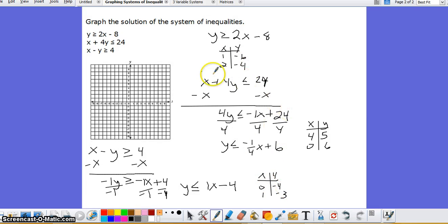Now we're going to graph these lines. They're all solid lines, so that's a good thing. So 1, negative 6 and 2, negative 4. Negative 6 is one more down.